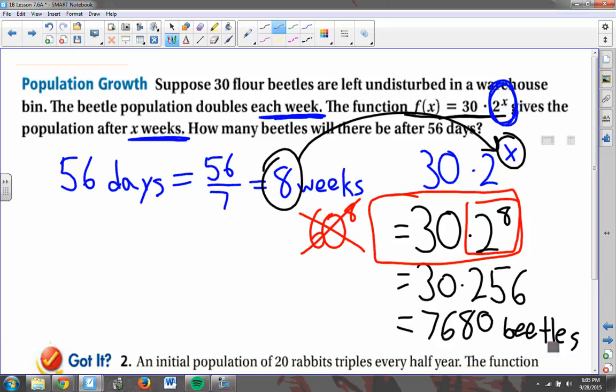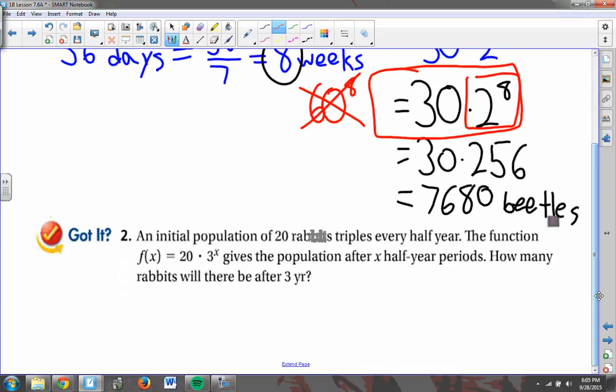Right? Your job before our practice problem set is this problem right here. Got it, number 2, at the very bottom of page 454. Now this one is interesting because we're talking about x half-year periods. Right? Because our rabbit numbers triple every half of a year.